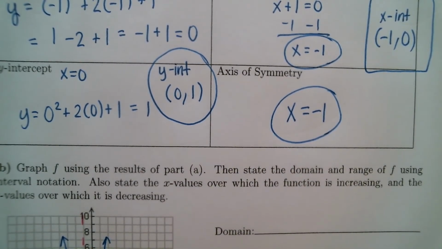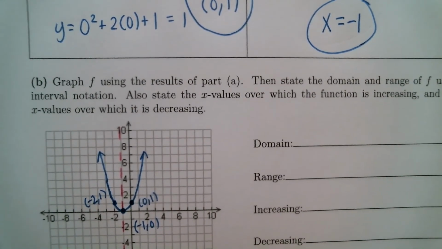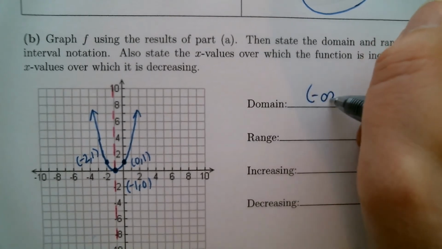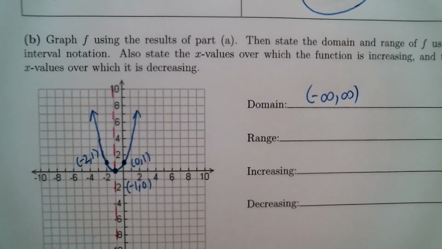All right, let's jump to part B. We've already graphed, so now we just need to fill in the attributes listed. The domain of the parabola is going to be all real numbers. We talked about in the last example, any quadratic function, ax squared plus bx plus c, is a polynomial, so the domain will always be all real numbers.